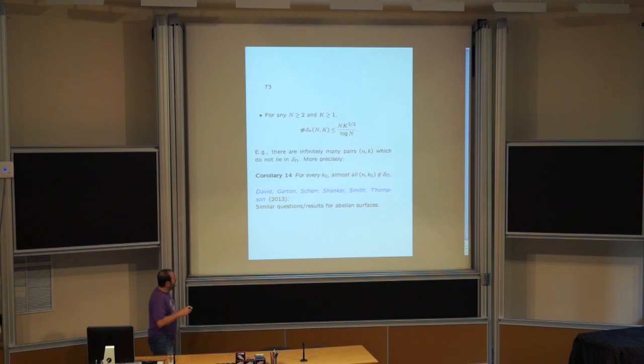In the same way, for any k node, we see that almost all pairs are not in the set. Of course, it's a cheating way to count, right? Because now I favor n compared to k too much. Yet it's a very interesting statement. It says that if you look at this horizontally, all the lines are almost empty.